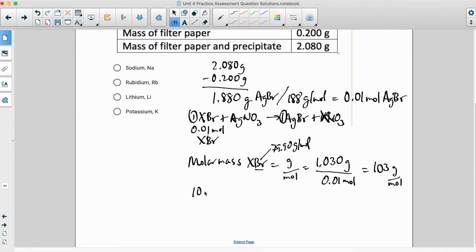So subtracting that off, 103 grams per mole minus 79.90 grams per mole, we get 23.1 grams per mole. So I'll look at these ions in group 1, and the element closest to 23.1 is sodium.